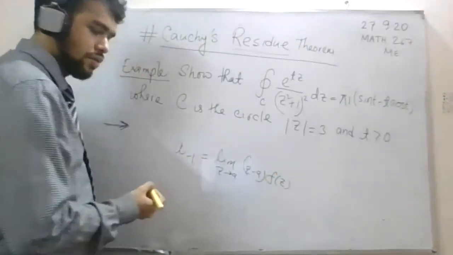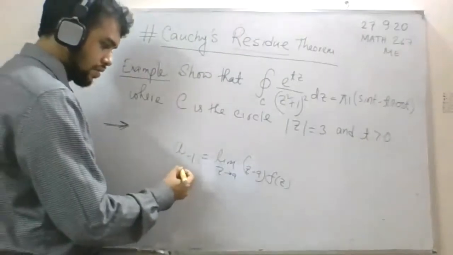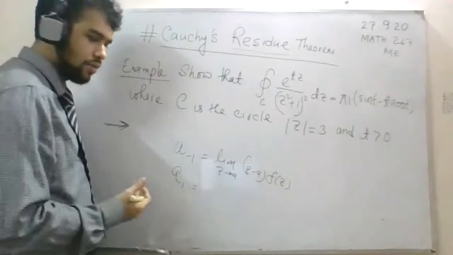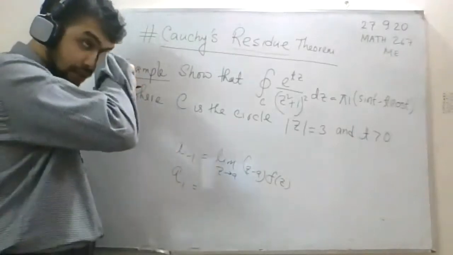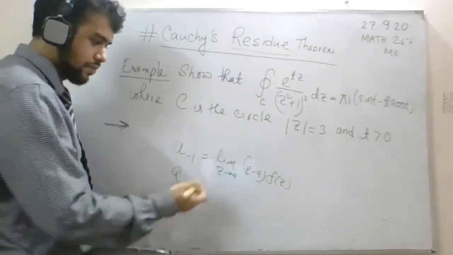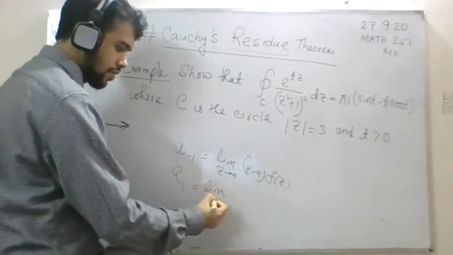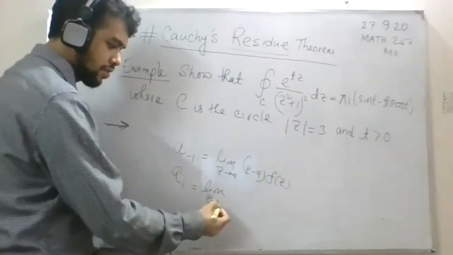And if it is a double pole, then what will it be? For a double or higher pole of order n, what is the formula for residues? Find out the residues.